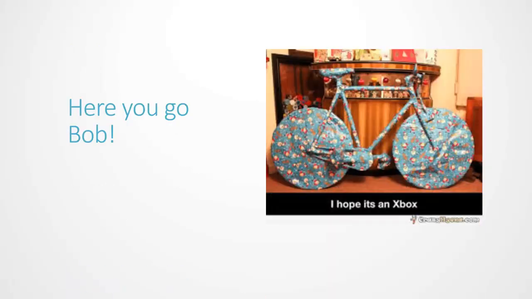So this next slide is about Bob. I hope it's an Xbox, which it is not. It's a bicycle. So here's a diagram that will show how to maximise his profits.